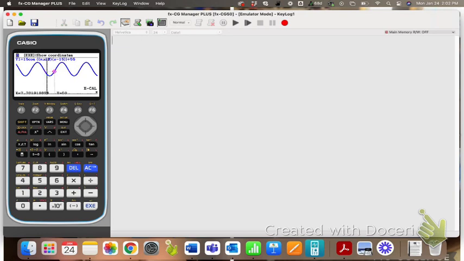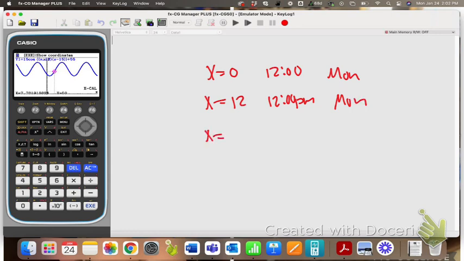It said that 12 a.m. is Monday, which means that x equals 0 is midnight, okay, on Monday. That means that x equals 12 is going to be 12 p.m. on Monday. So x equals 24 is going to be the next day, 24 hours later, on Tuesday.